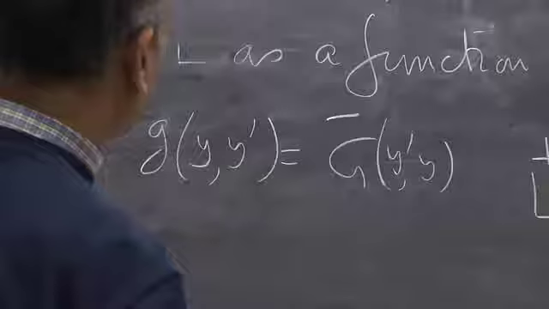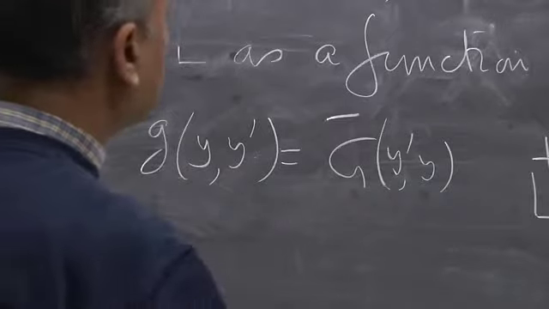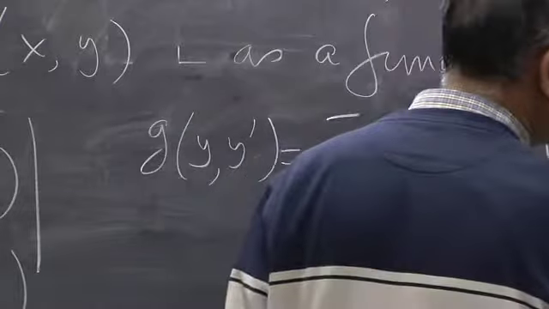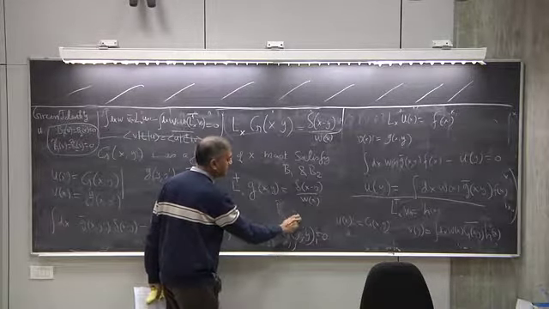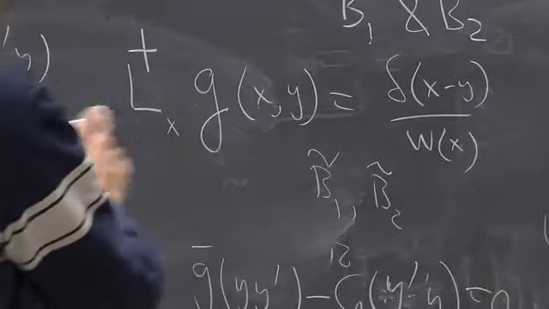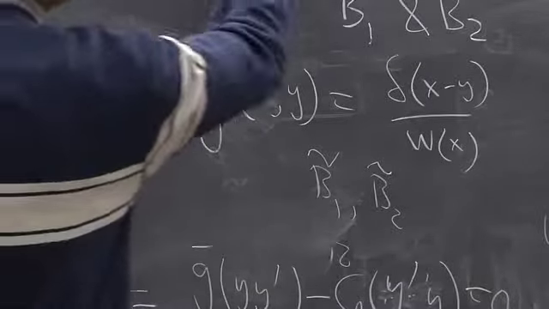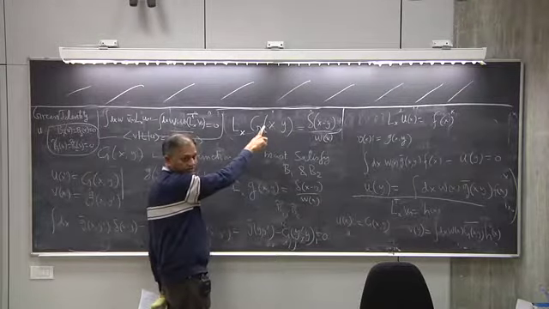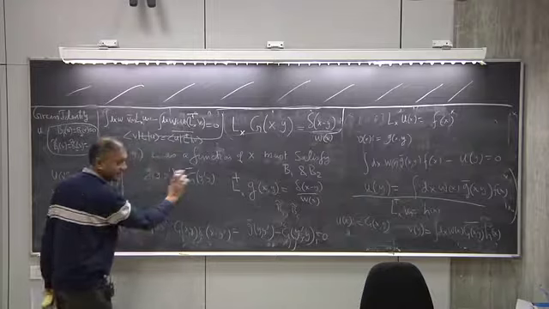The second thing you see is that little g satisfies the boundary conditions b1 tilde and b2 tilde as a function of the first argument, x. Whereas capital G satisfies b1 and b2 boundary conditions for the first argument. But here the arguments are exchanged.